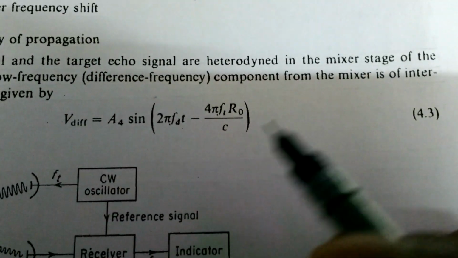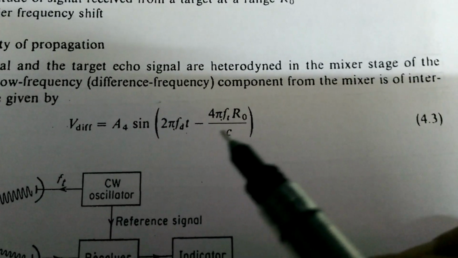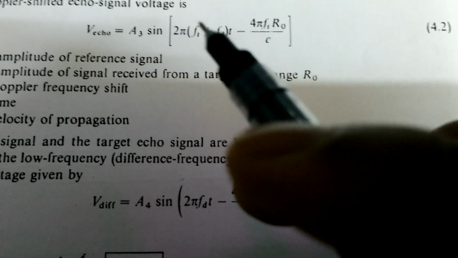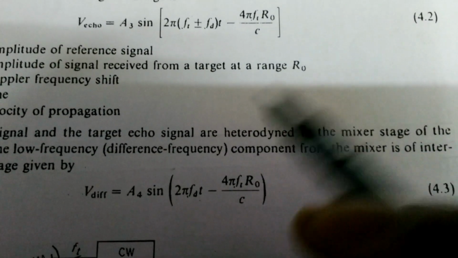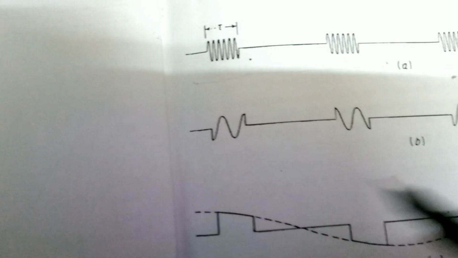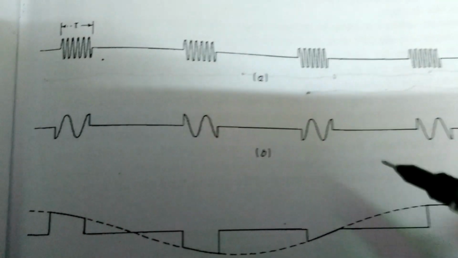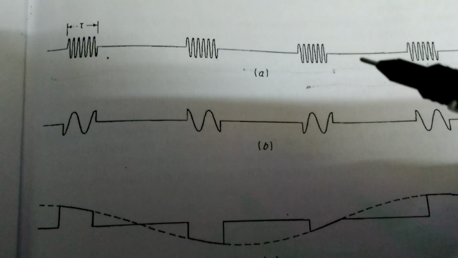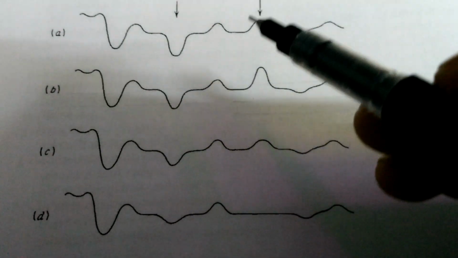Then this is the final signal we are going to talk about, the difference signal. Is it clear? Here the addition concept is not considered. Why? Because we said that we preferred the difference frequency component. Then after that we went to some outputs depending upon the Doppler frequency shift. Later we showed the output by separating the stationary and moving targets like this.